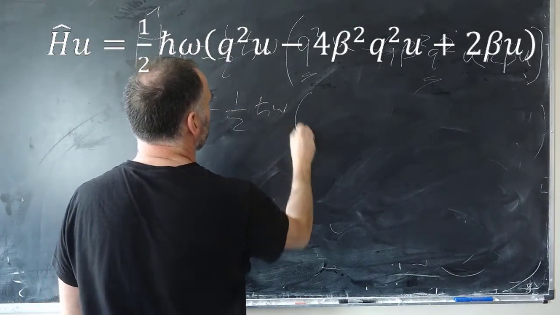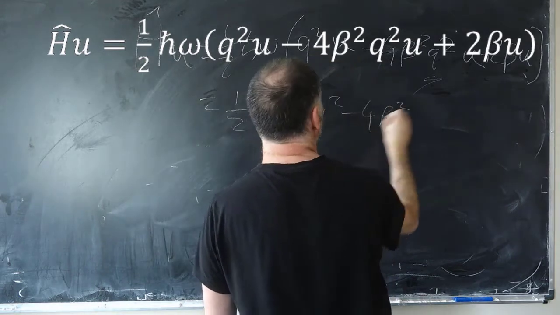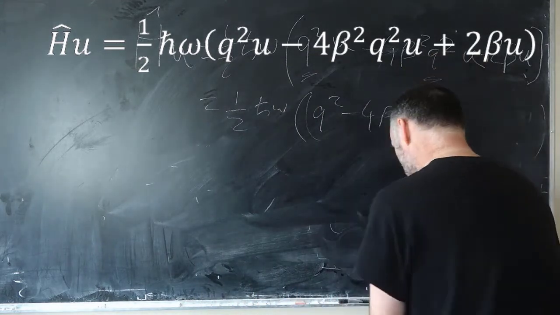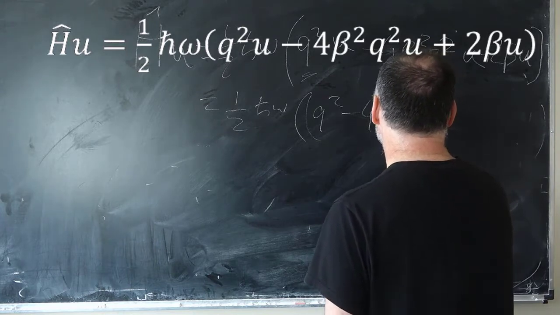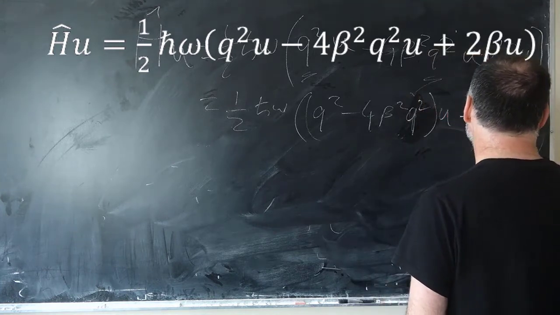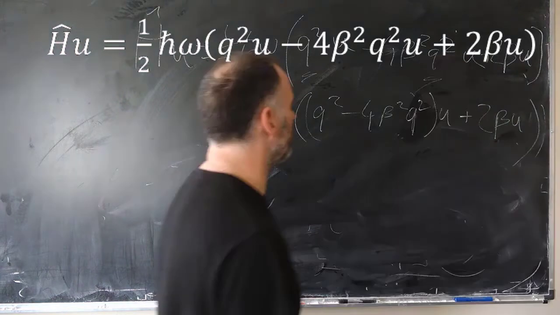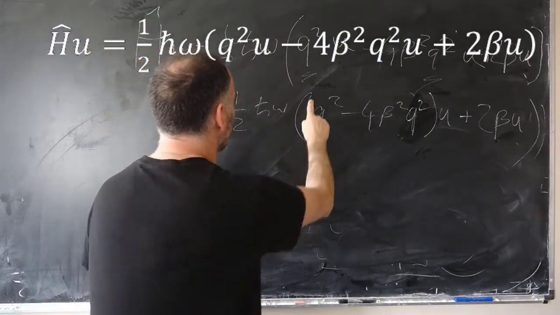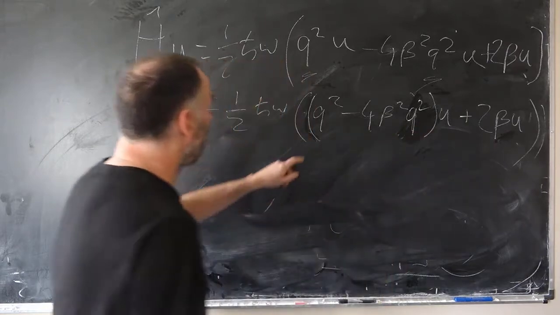So let me express that a little bit more clearly. So that's q squared minus 4 beta squared, sorry, q squared u plus 2 beta u. Okay, so this term's fine because it's constant, independent of q. Oh yeah, that does need to be a bracket there, that's right.